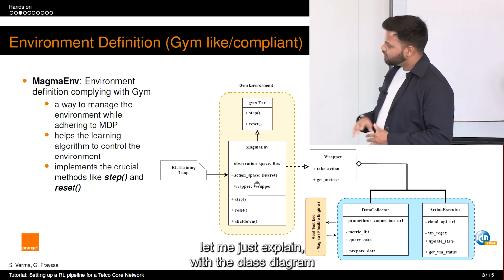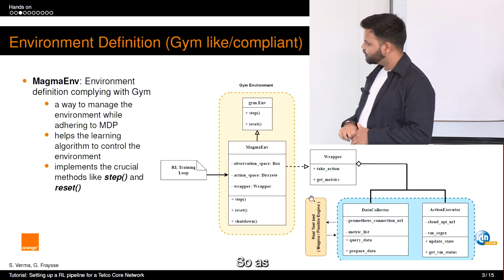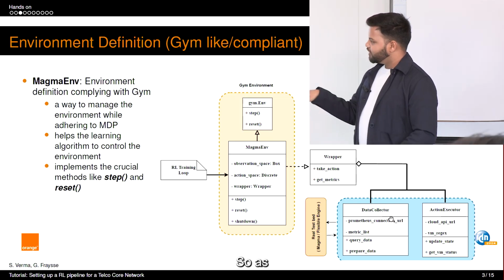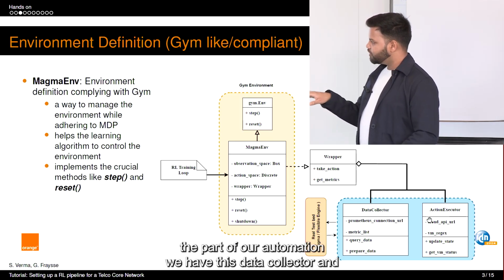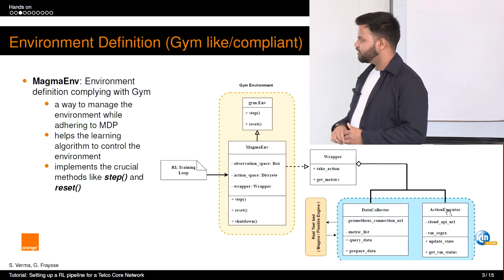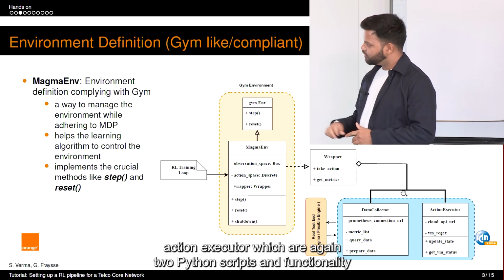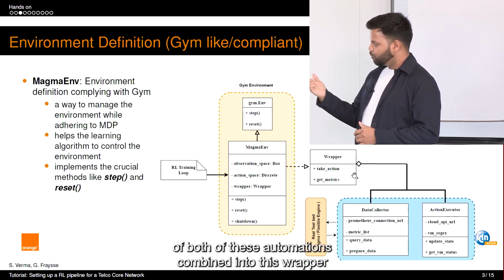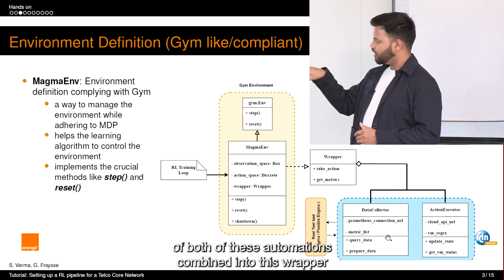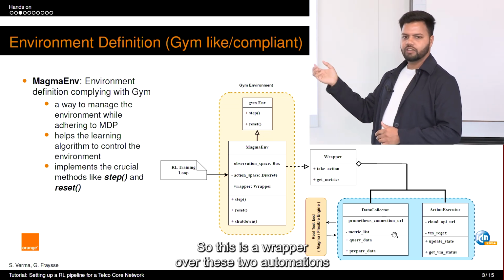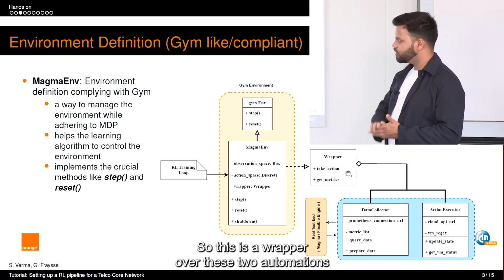Let me just explain with the class diagram. As part of our automation, we have this data collector and action executor, which are again two Python scripts, and the functionality of both of these automations is combined into this wrapper. So this is a wrapper over these two automations.